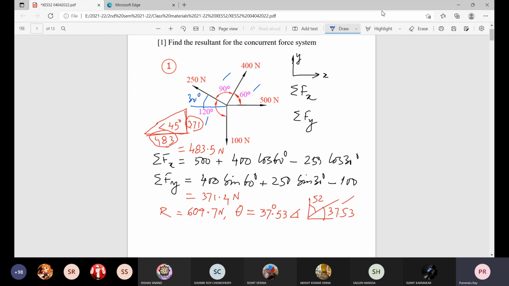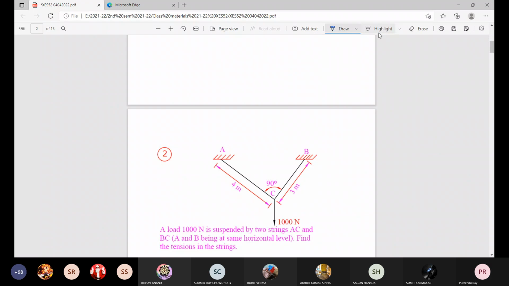Now, a similar kind of thing is here. A load of 1000 Newton is suspended by two strings AC and BC, A and B being at the same horizontal level. Find the tensions in the strings.